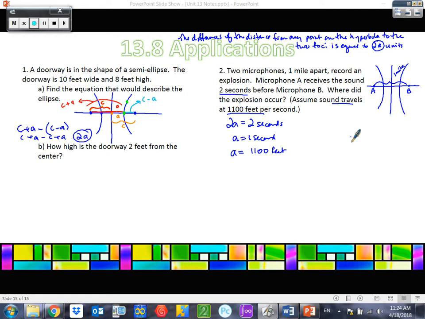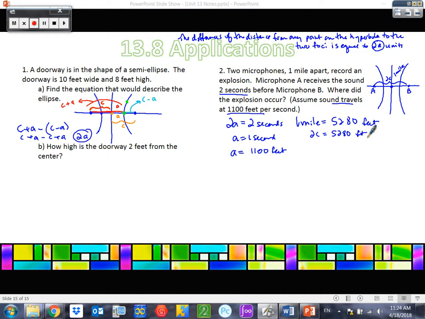Let's go to feet. So 1 mile equals 5,280 feet. And that's this distance right here. The distance between here and here is C, so this whole distance is 2C, isn't it? So really 2C equals 5,280.